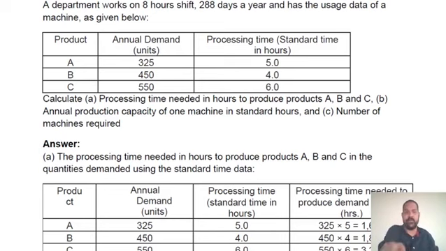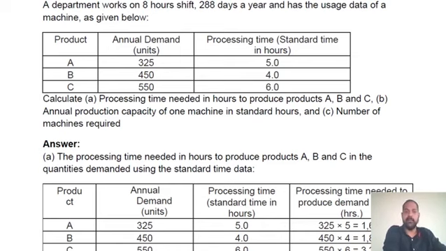So write that down separately. Part B, annual production capacity of one machine in standard hours. See, this we did in the previous question also, but we weren't asked a specific question. Here we are asked. What was it there? It was 8 hours times 250 days, which is 2000 hours. So for one machine, the annual capacity is 2000 hours.